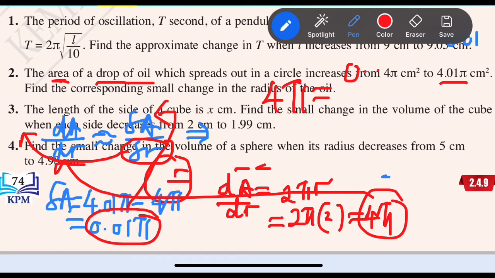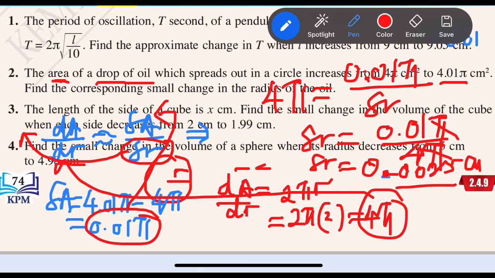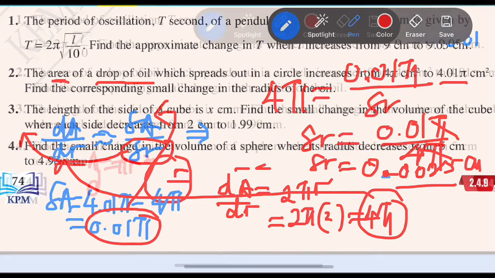Make sure you write pi, 0.01 pi over the delta R, right? Don't forget the 0.01 pi over the delta R, and then you just solve your delta R. The pi can be cancelled out, so delta R is 0.01 over 4, which is equivalent to 0.0025.